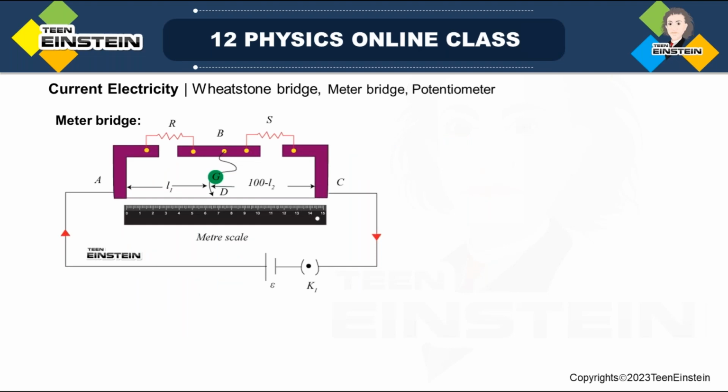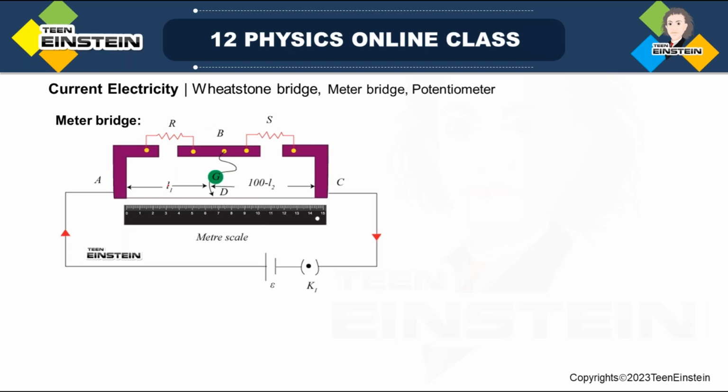A meter bridge works on the principle of the Wheatstone bridge. And what is this used for? This is used for measuring the resistance of an unknown uniform wire.